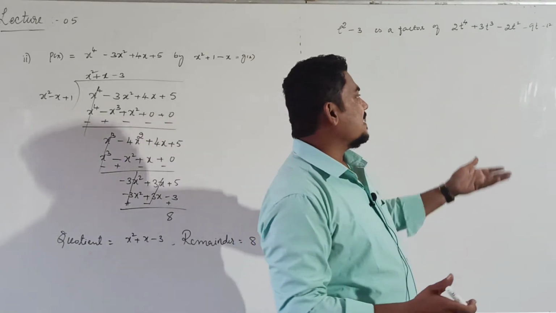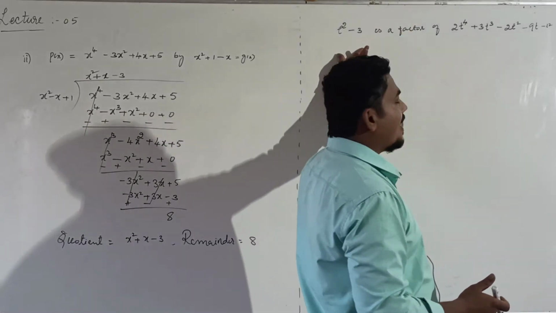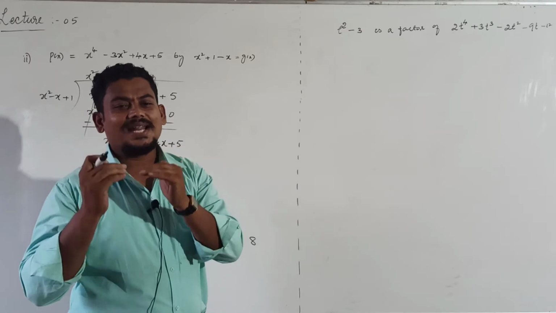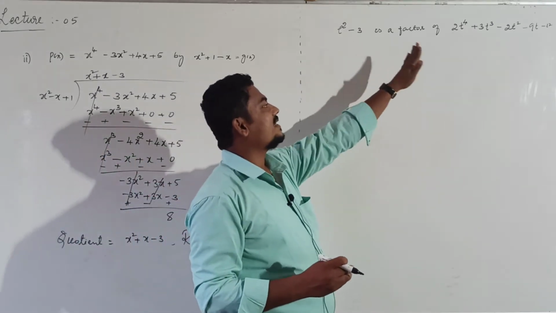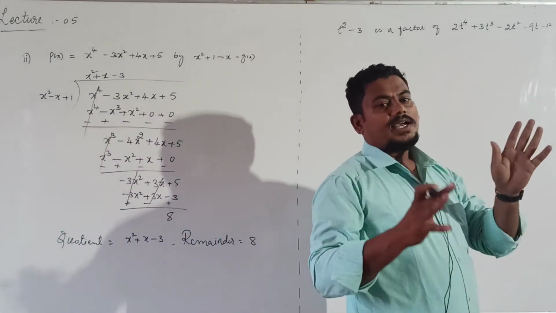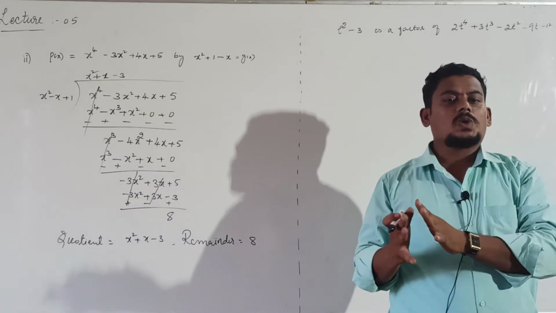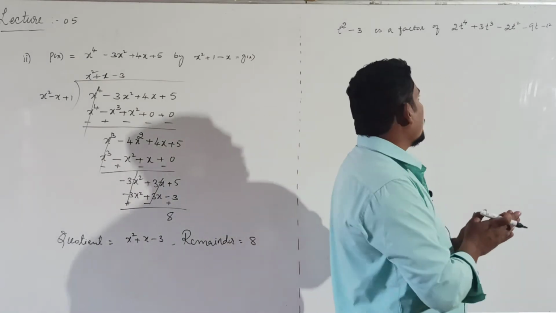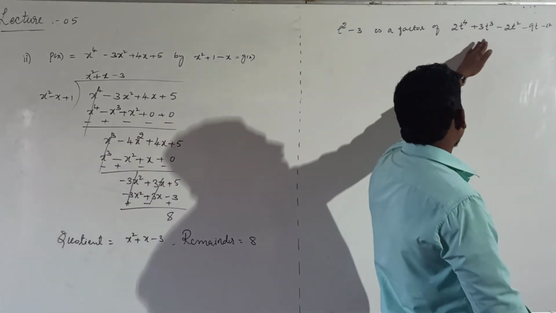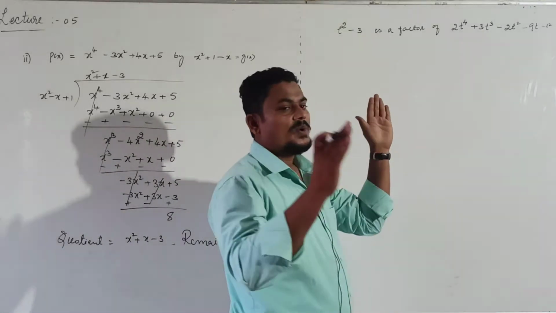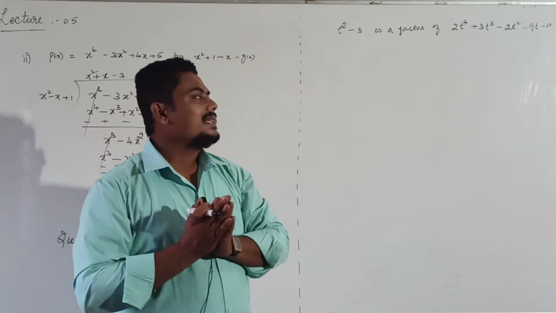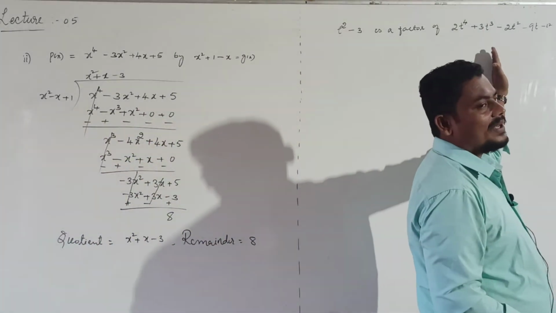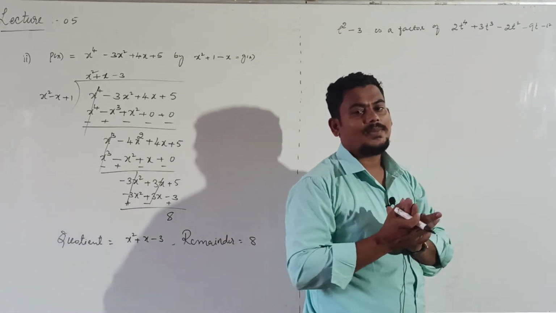After dividing this polynomial by t square minus 3, if you get remainder as 0, then clearly this is a factor of this polynomial. If the remainder is not equal to 0, then it is not a factor.